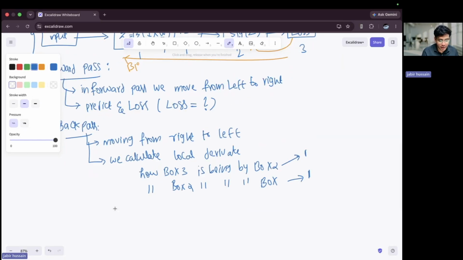Now what is our goal? Our goal is to tell how box 1 is impacting box 3. How can we tell?